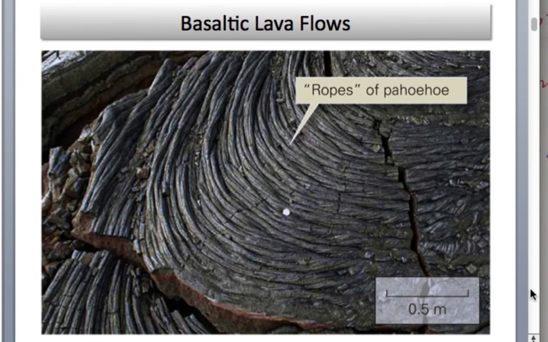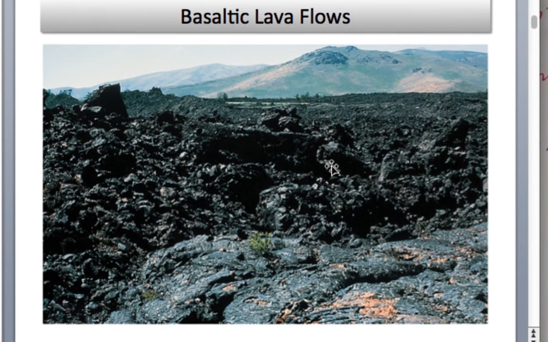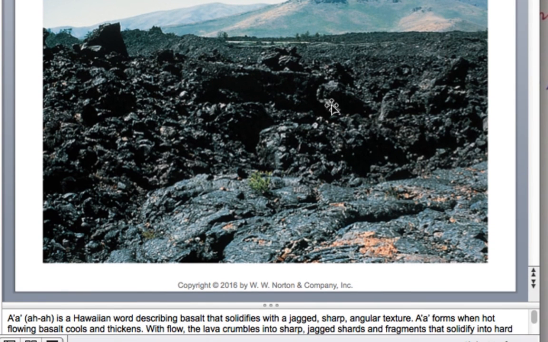Then as we go along here, here's a good example of pahoehoe lava, these ropes, right? And so again, this is a little bit more fluid, faster moving, a little bit more gas in this type of lava here, pahoehoe. And then for the aa lava flow, you can see it's the jagged surface, a little bit more rubbly, again a Hawaiian type mafic lava.